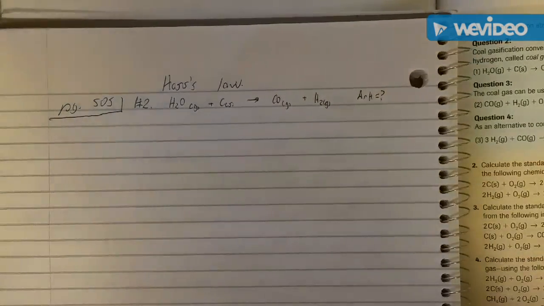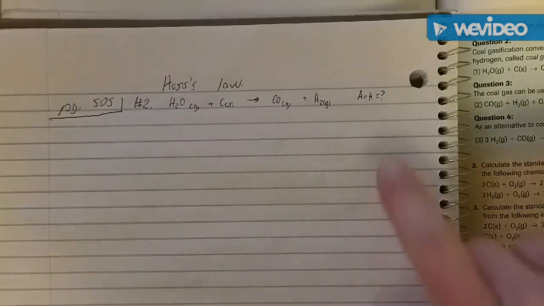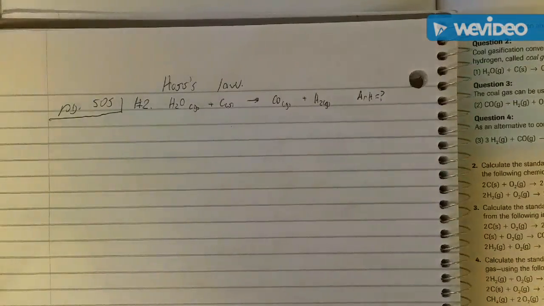It'd be H2O gas plus C solid forms through reaction carbon monoxide gas plus hydrogen gas. And we are to find our enthalpy that we don't know. So taking these basic elements like the combustion of carbon and combustion of hydrogen, we're able to find out our actual enthalpy change.